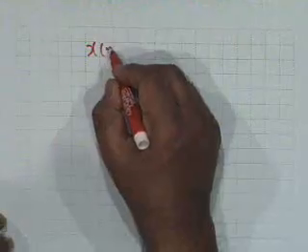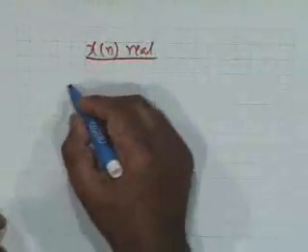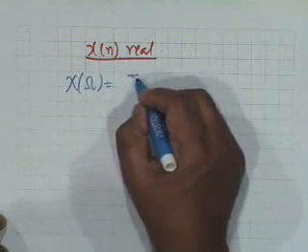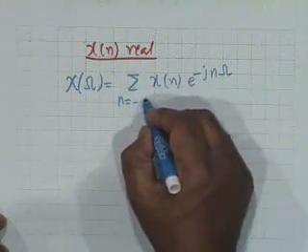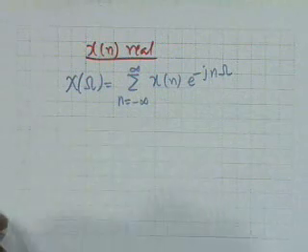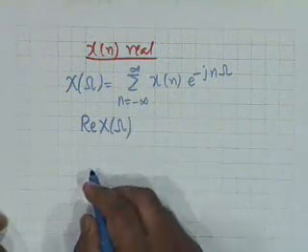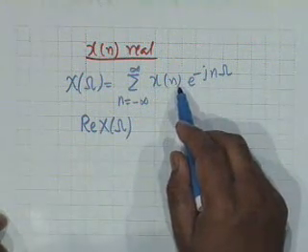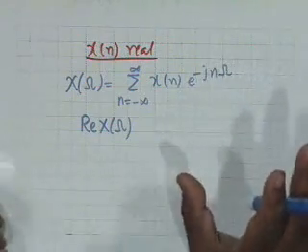Let's look at this relation, x of n real, then capital X of omega is summation x of n e to the minus j n omega, n equals minus infinity to plus infinity. You notice that the real part of capital X of omega is simply x of n times, instead of e to the minus j n omega, the real part of this is cosine of n omega.